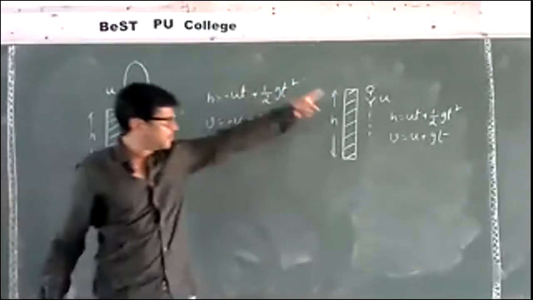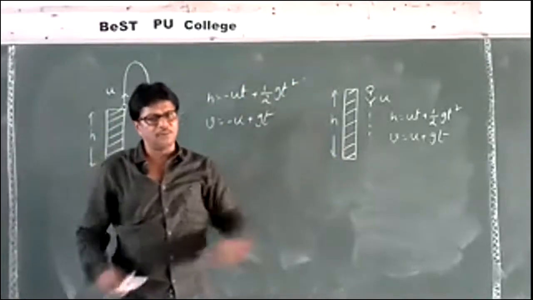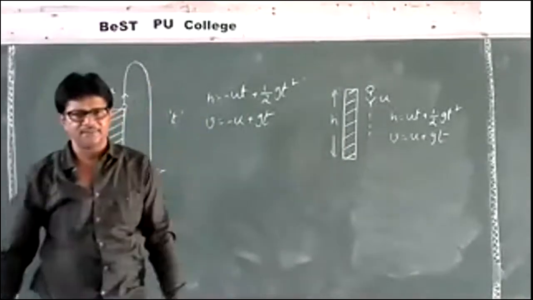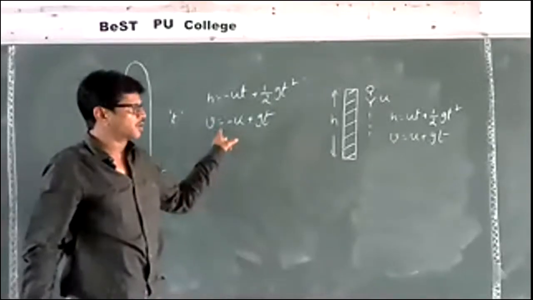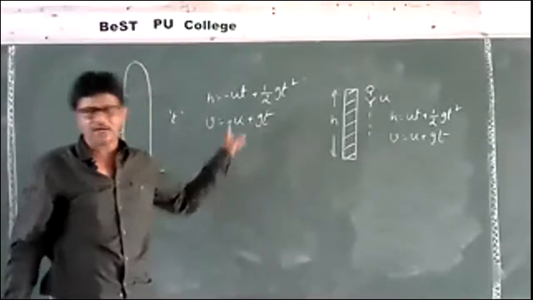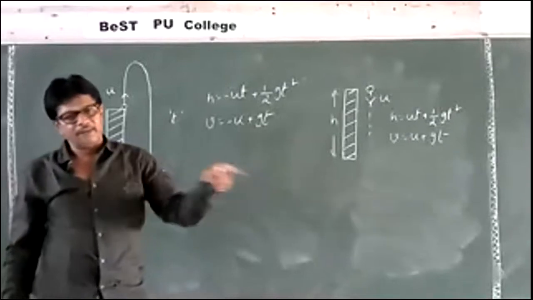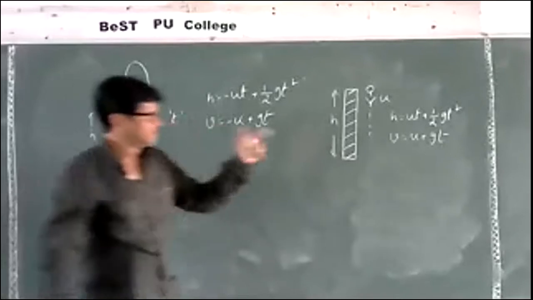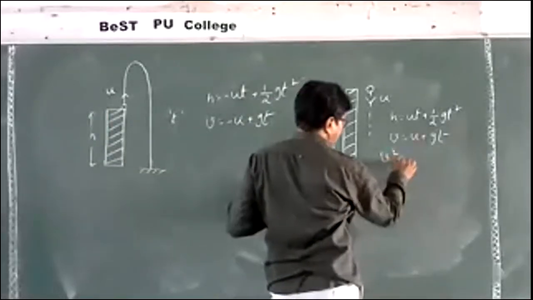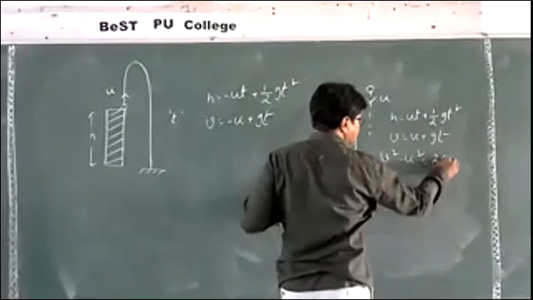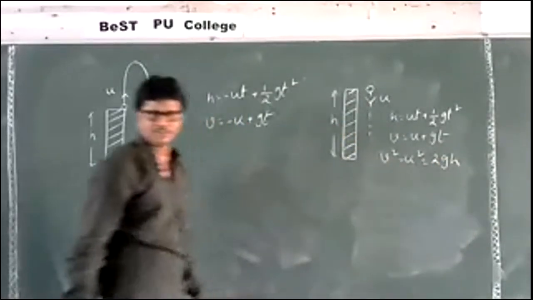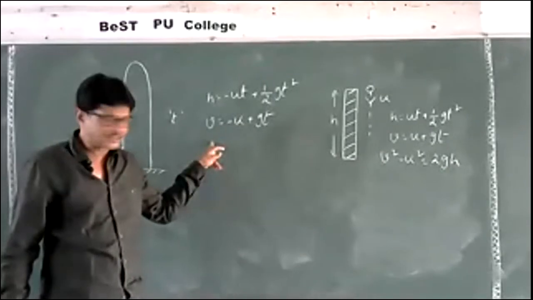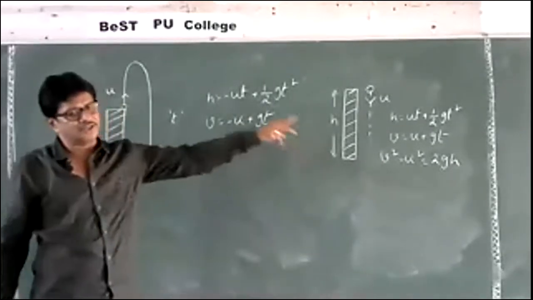So whatever formulas we use when a body is projected vertically downwards from a certain height, all those formulas we can make use of here also by considering the initial velocity as negative. One more formula, v square minus u square is equal to 2gh. The same formula we can use here too, but the initial velocity is to be considered negative.